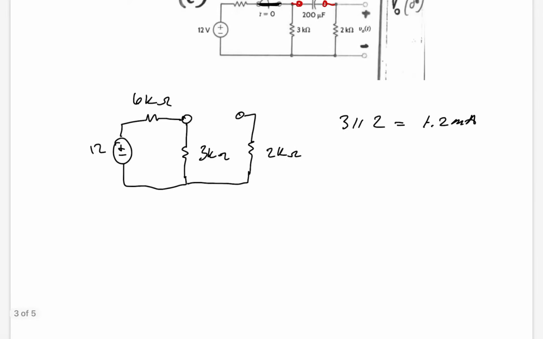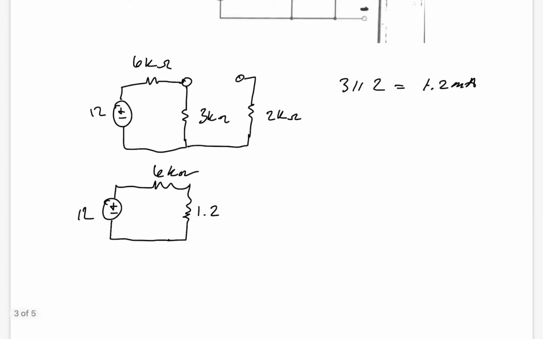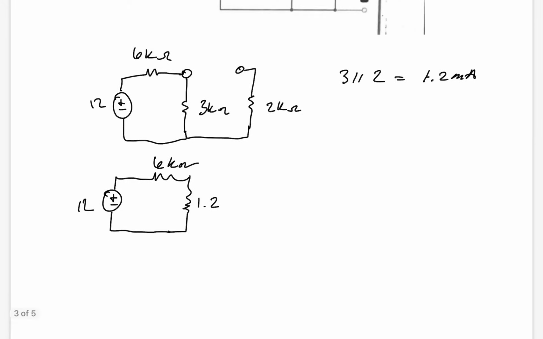Alright, so then we are left with 1.2. Okay, and so we have two resistors here.